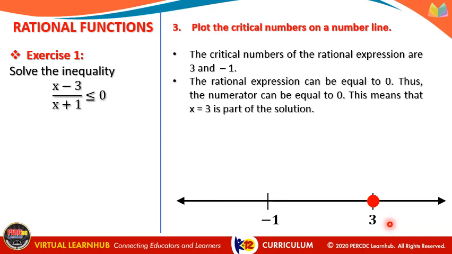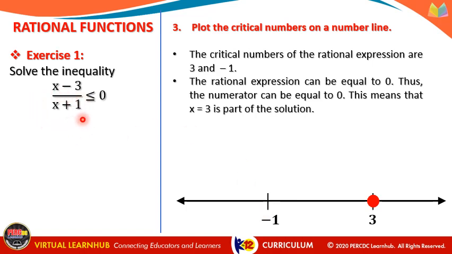Okay. Sa mathematics, iniiwasan natin ang division by 0. Di ba? Ayaw natin yon. Ayaw natin na ang denominator ay maging 0. Since ayaw natin na ang denominator ay maging 0, aalamin natin kailan ba magiging 0 yung denominator. Nasolve na din actually natin kanina yon.